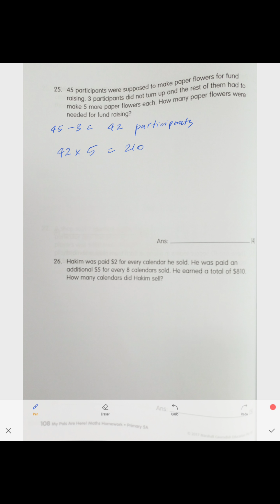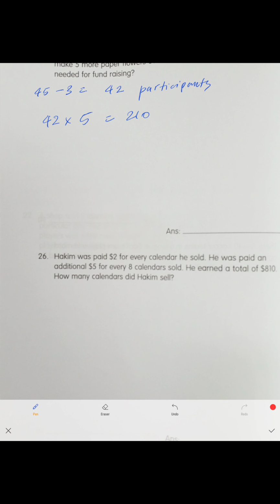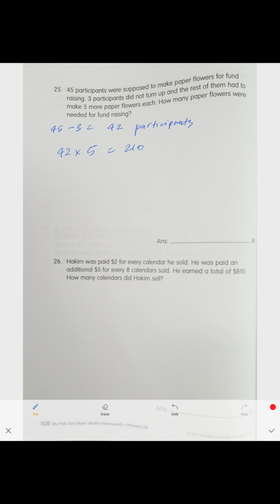those people, right? So if actually these three people would come, right, they would make this 210. So how much each one of them should have made, right?